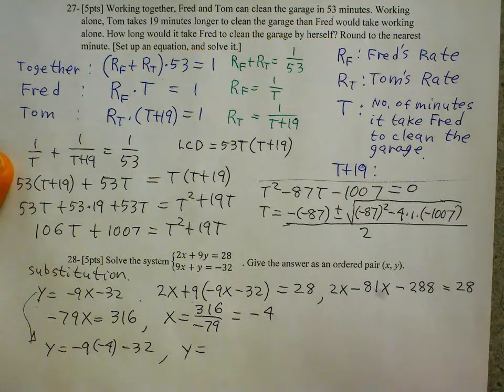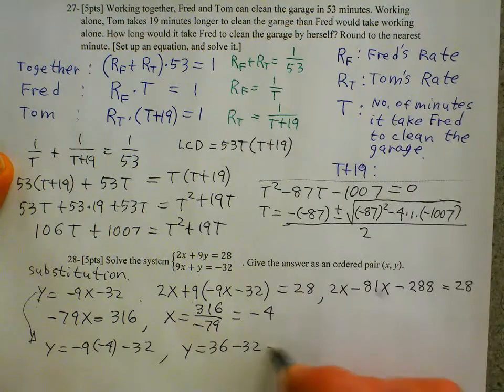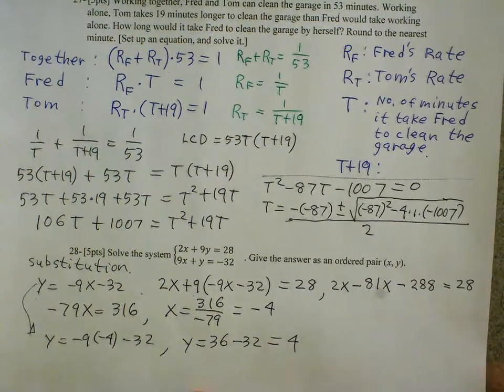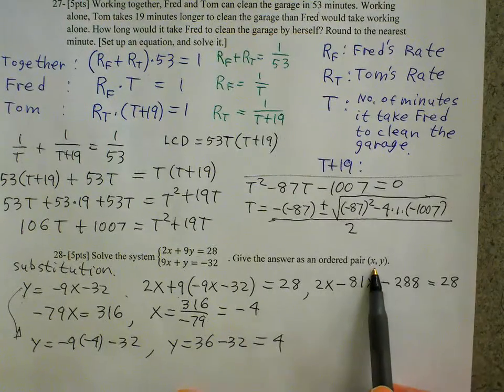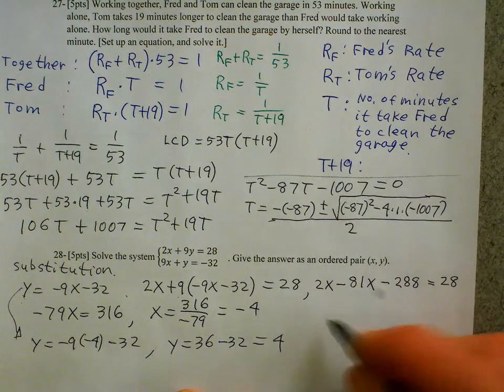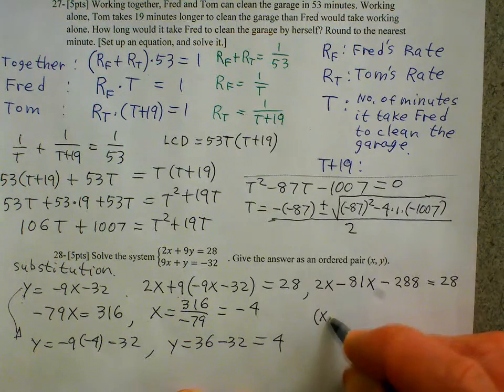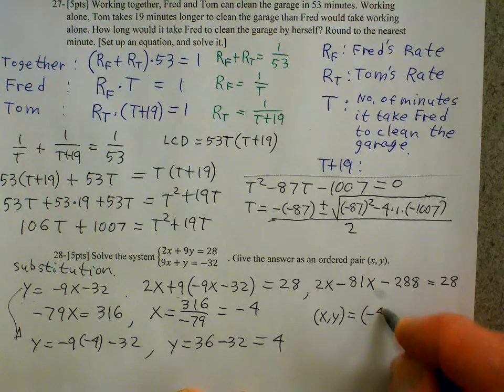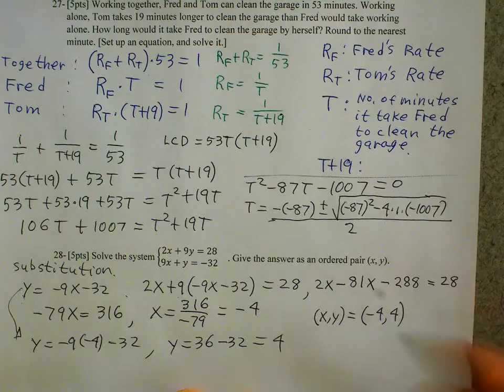Negative 9 times negative 4 is 36. 36 minus 32 is positive 4. Okay, it says give the solution as an ordered pair. So the ordered pair solution, (x, y), is (negative 4, 4).